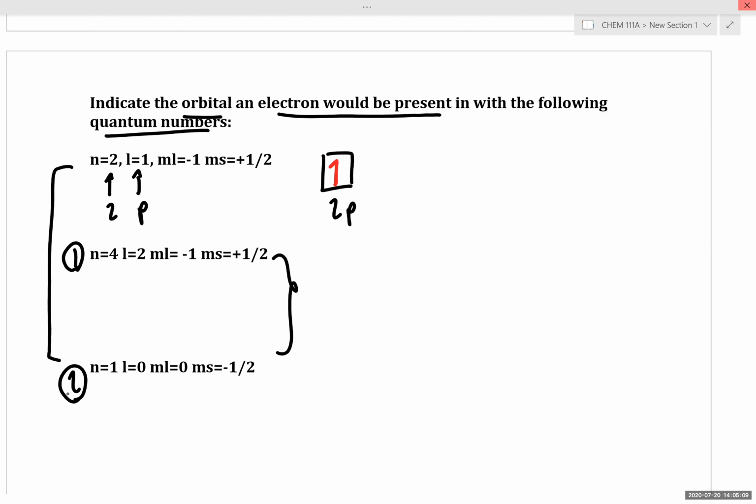And the second response I see looks exactly right. Perfect. Spin would be downspin. Let's talk about this example.